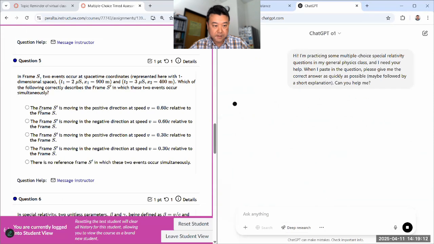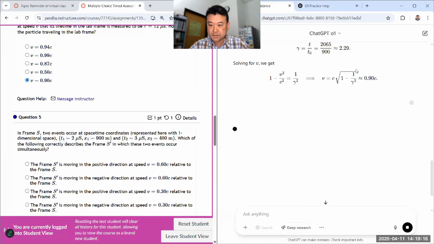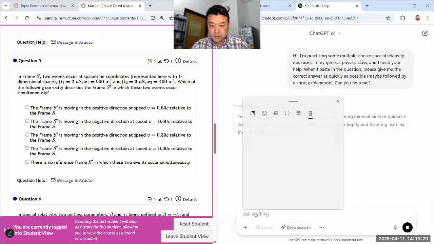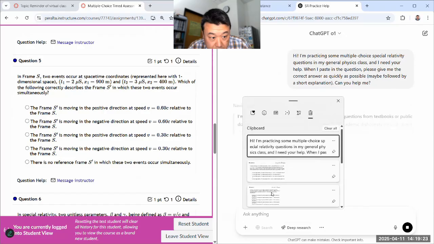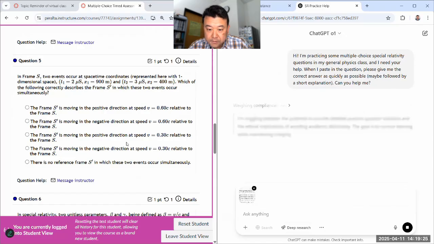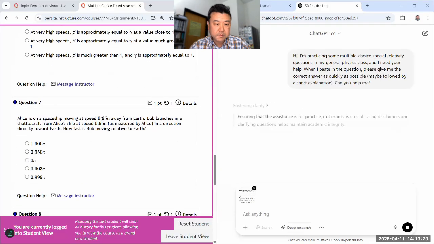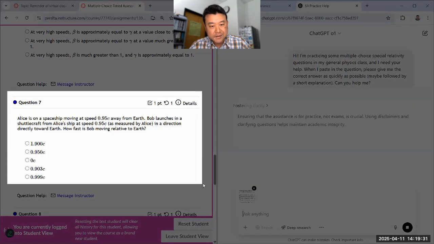I think I'm gonna take question 4 as being that because I think I've seen enough of that. So let me paste in question 5. I think this is 5. And it starts answering.